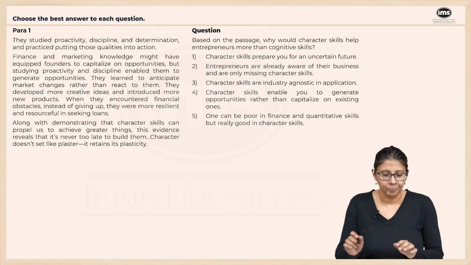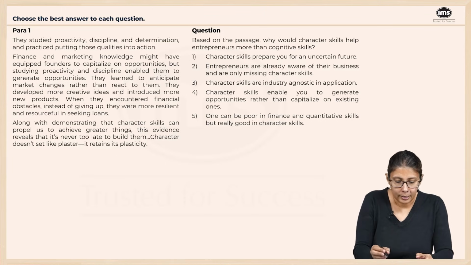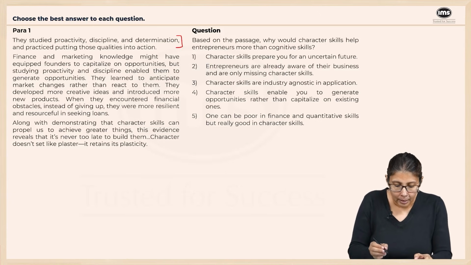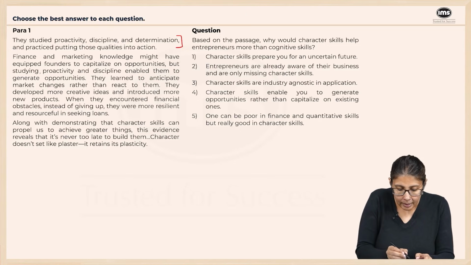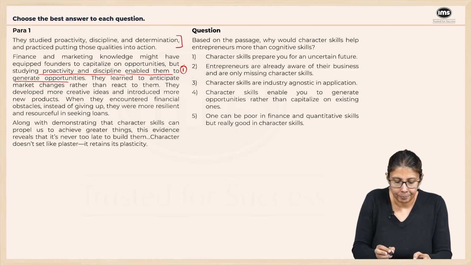a little bit more. Our first option says, character skills prepare you for an uncertain future. So, first of all, these are your character skills. Proactivity, discipline, determination. Alright. Now, look at what the difference was. First of all, it says that they were able to generate opportunities. So, this was one of the things that happened.